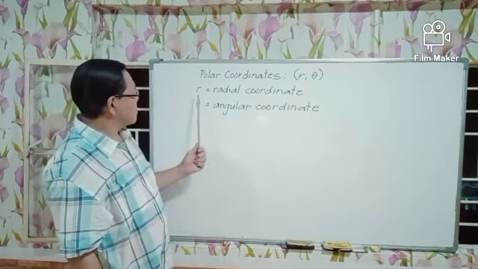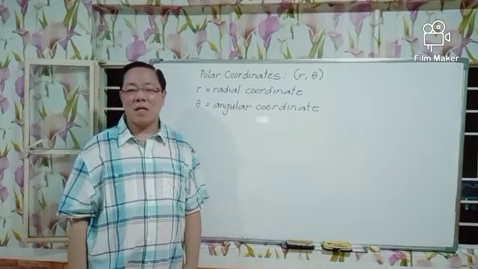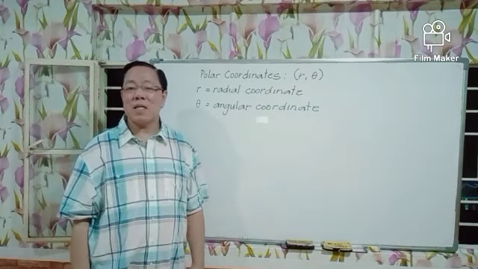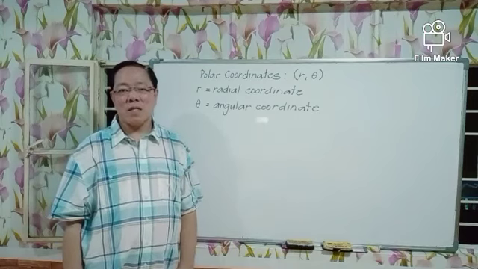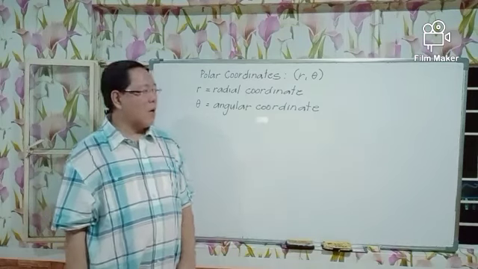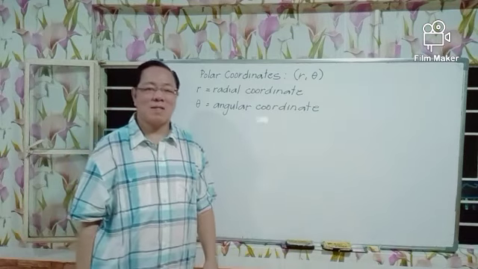And the angular coordinate is an angle that may be expressed either in degrees or in radians. And we plot these polar coordinates of a point in two-dimensional space.